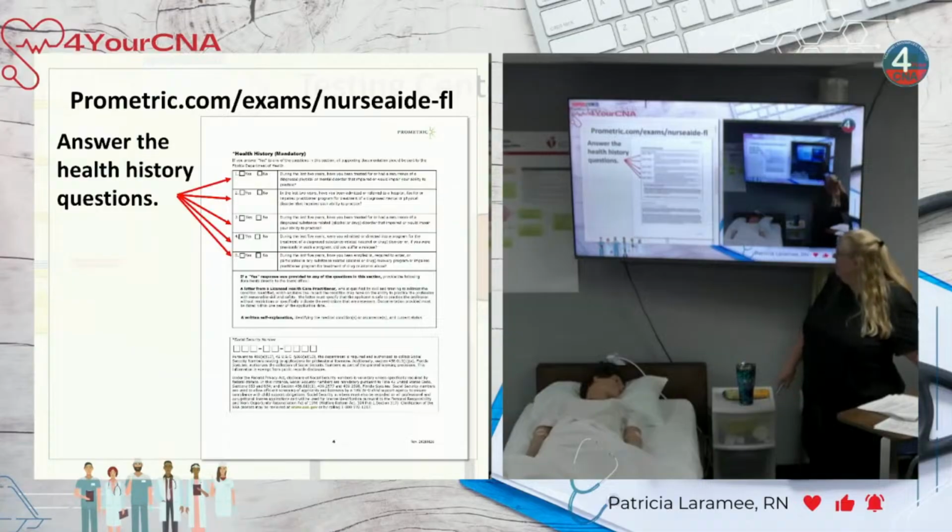All right. The next page, the title is Health History, Mandatory. I cannot help you with this page. I am not allowed to help you with this page. You would read the questions and answer them appropriately. But let me explain to you why I can't help you with this. Healthcare is a stressful industry.